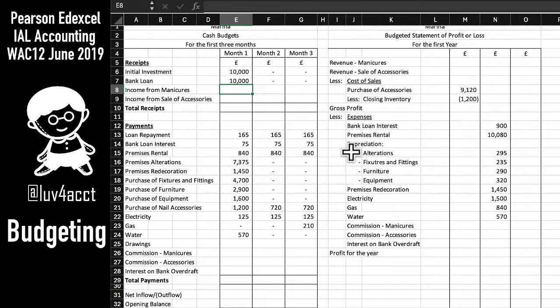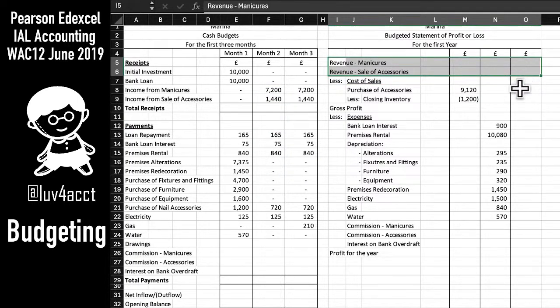Nothing for month 1, and then 7,200, 1,440 here. Good. So how about the budgeted statement of profit or loss? Revenue, manicures. I will put it here. Later you will see why.